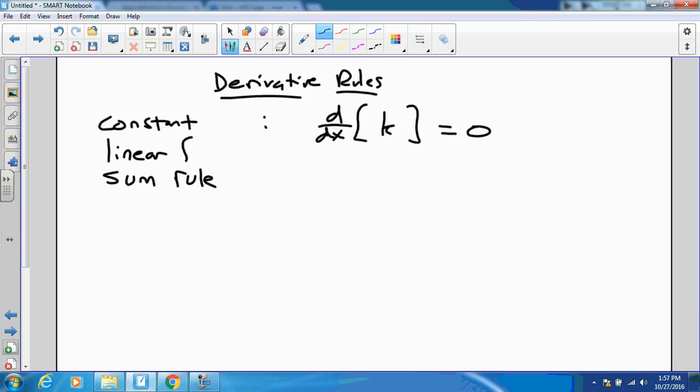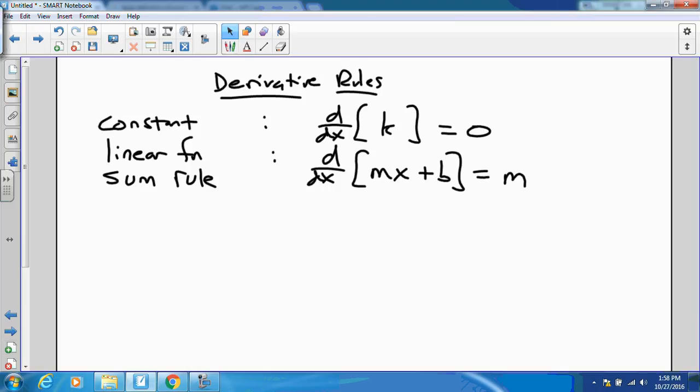Oh, let's do the linear function rule first. The derivative of a linear function equals the derivative of a straight line is its slope. And that makes sense, since the derivative is finding the slope of the curve.